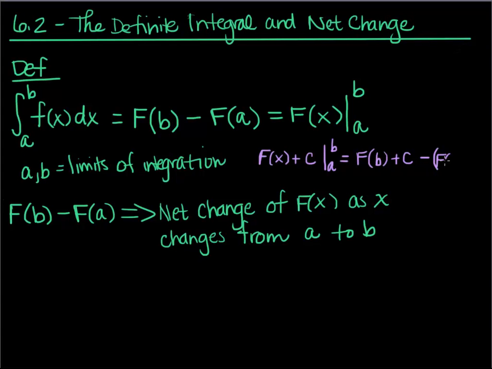Again, the c is just a constant, so the c just stays. And if you take that negative through, you see we get just F of b minus F of a, and these c's go ahead and cancel out. So that's why we don't put that c there, because no matter what we chose that c to be, it would go ahead and cancel out.